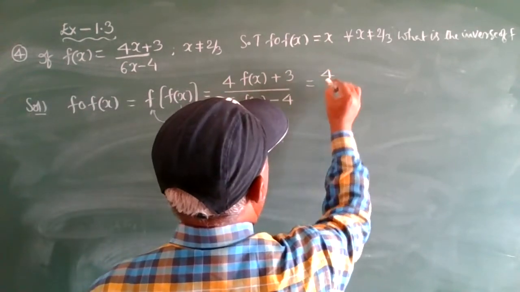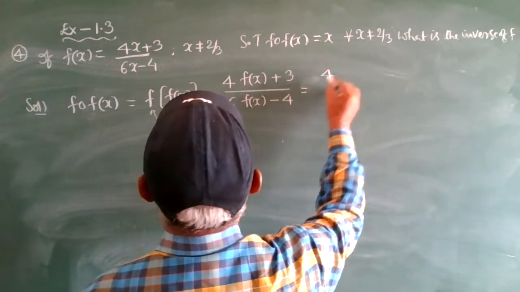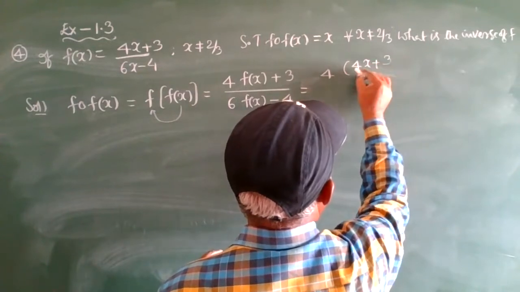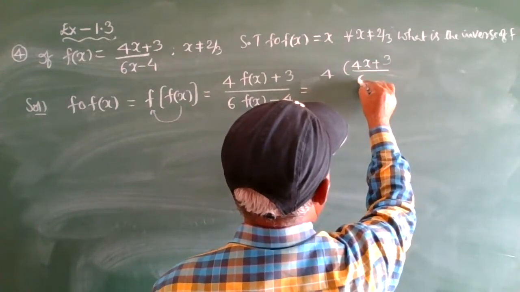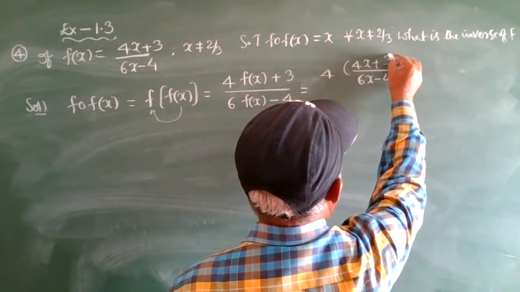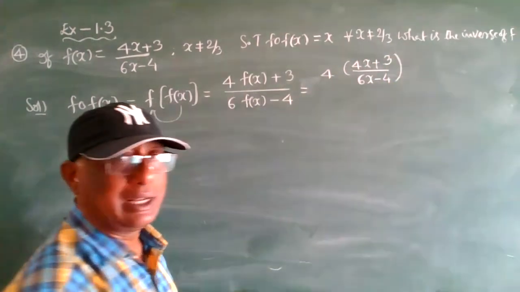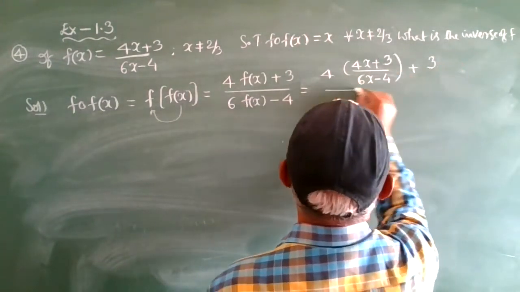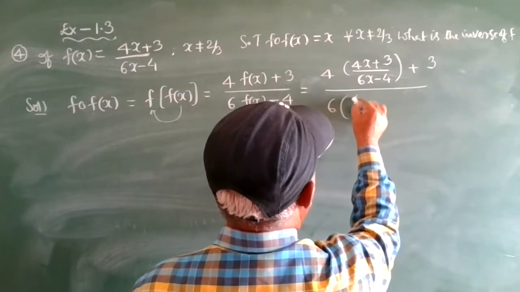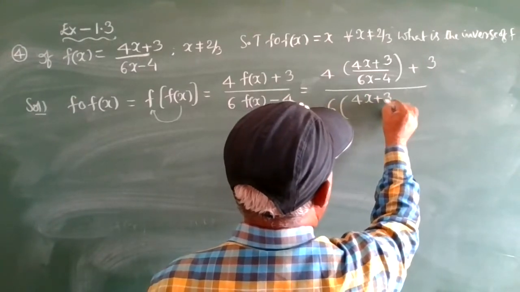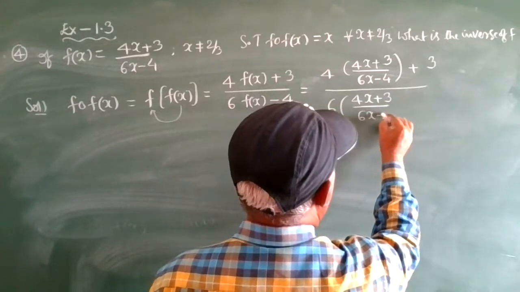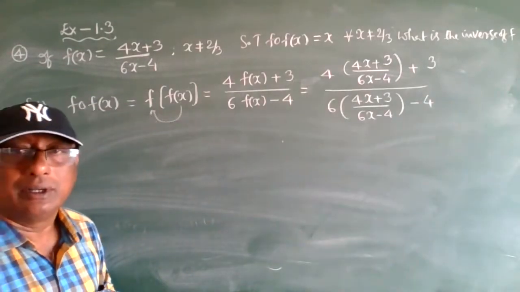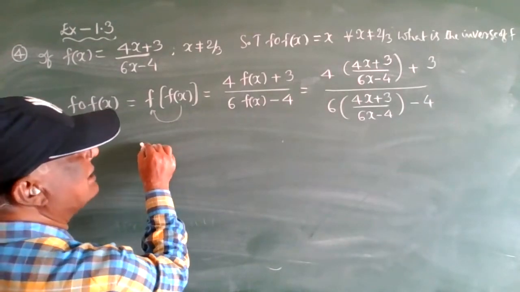Now write down f of x value. 4 into f of x value is 4 into 4x plus 3 by 6x minus 4, plus 3, upon 6 into f of x value is 4x plus 3 by 6x minus 4, minus 4. Take LCM and simplify. We get the answer. Take LCM.